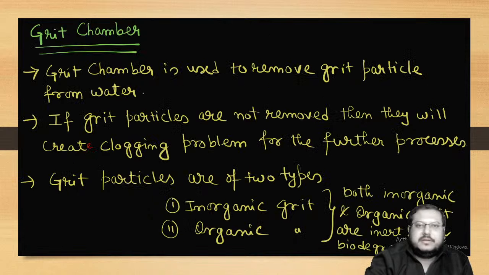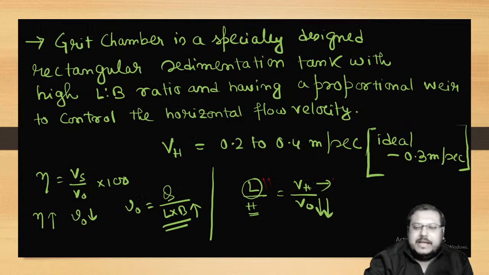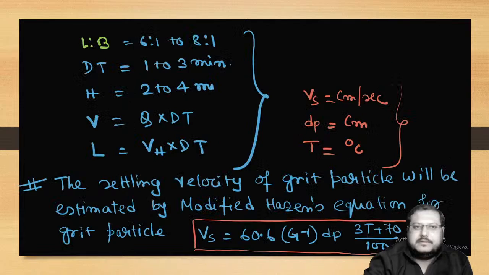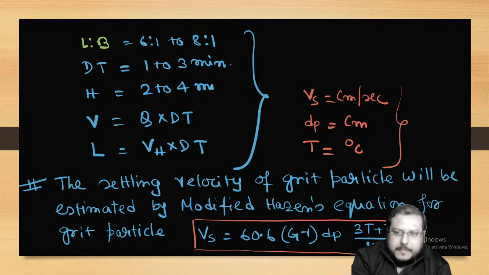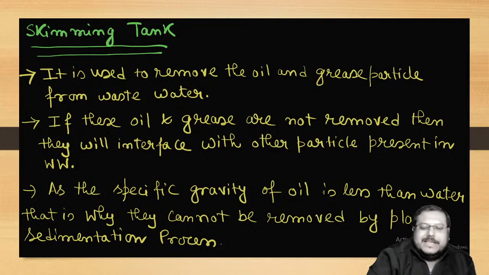Solve this question. Then we have gone for the grit chamber. What are the grit particles we have discussed? What the design concepts of grit chamber are is discussed, and settling velocity. Then the skimming tank, a special type of tank to remove oil and grease particles from wastewater.